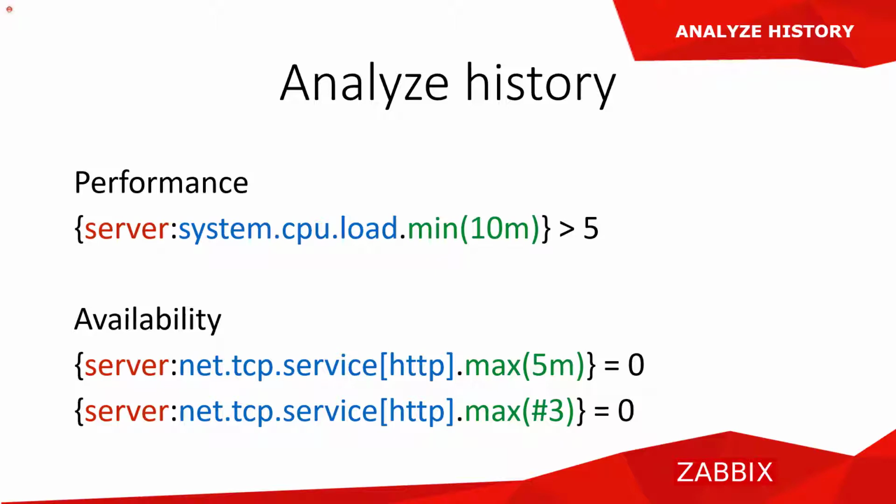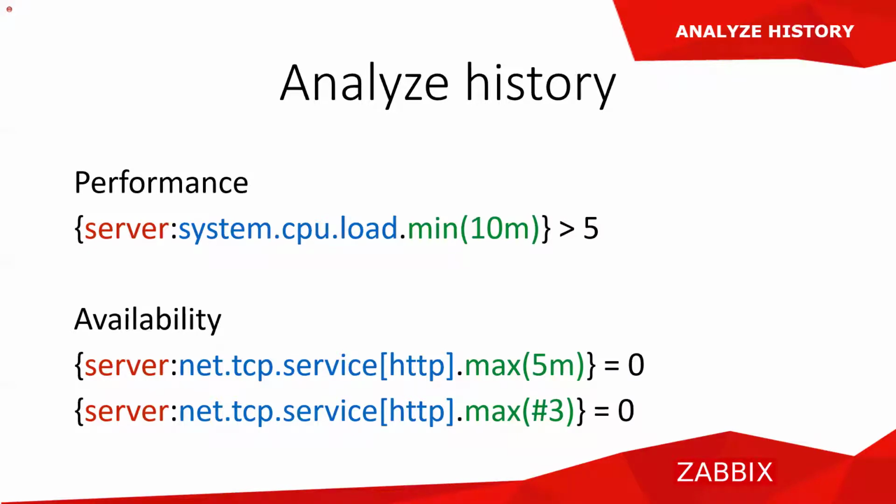So let's say we are monitoring performance, and since CPU tends to spike, we can change the function that we use from last to min, which stands for minimal, and make Zabbix report, for example, if the current CPU load is more than 5 for at least 10 minutes, and it's the minimal value over those 10 minutes, well then, Zabbix needs to notify only then, and as you can see, this will make it much more precise in terms of reporting that the problem is actually there.